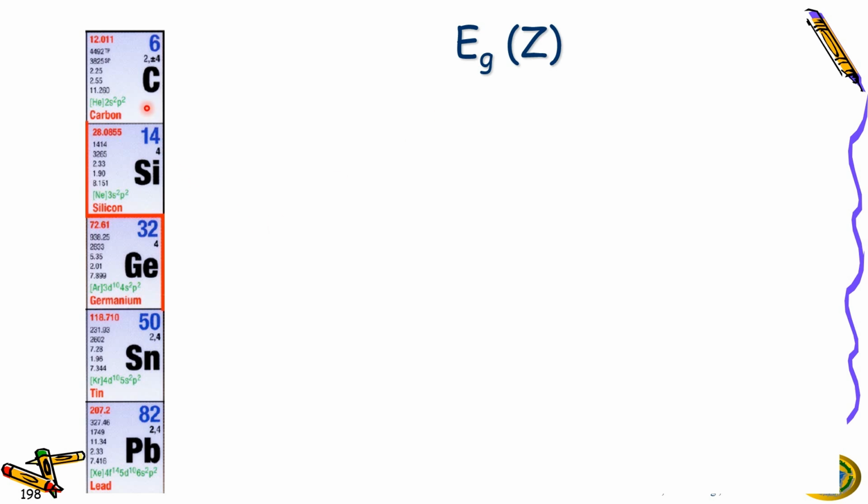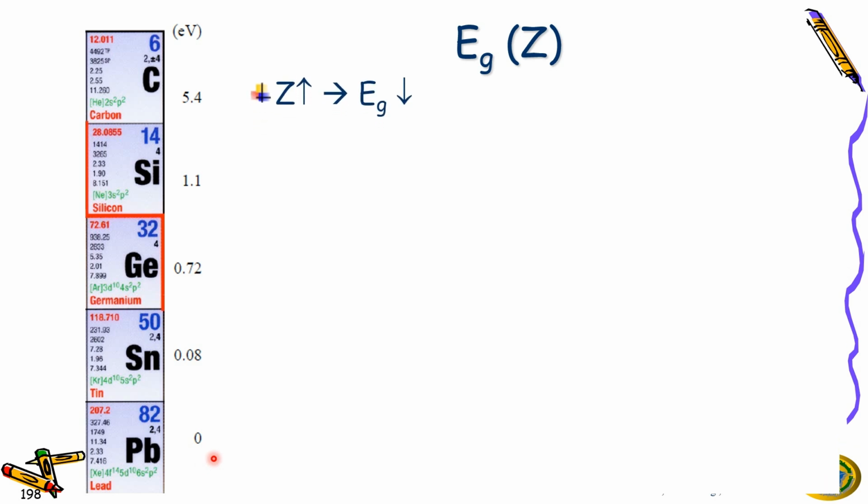And as you know, the band gap is a function of Z, the atomic number. If atomic number increases, the band gap decreases. You might say, well, Professor, this is 5.4, 1.1, and this 0.72, which is very close to a conductor. So tin can be regarded as a conductor, and lead is already a conductor.